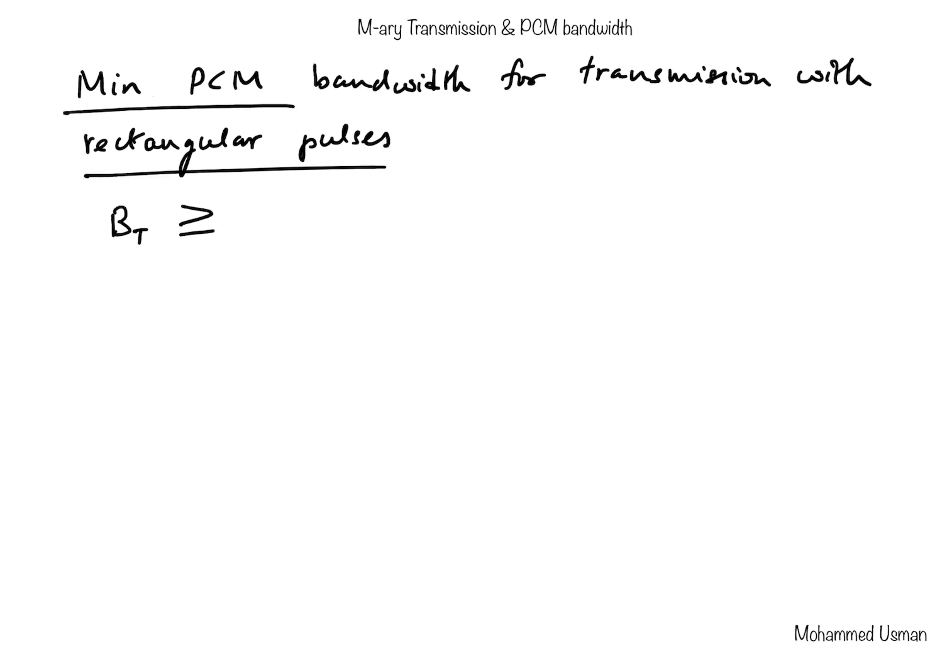That means it should be at least Rs by 2. We're not going to prove this, but you can take it as my word now, that the minimum PCM bandwidth for rectangular pulses should not be below half the baud rate.